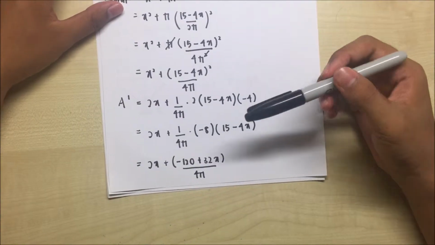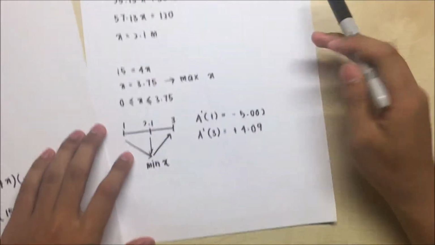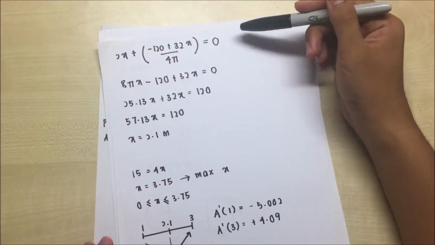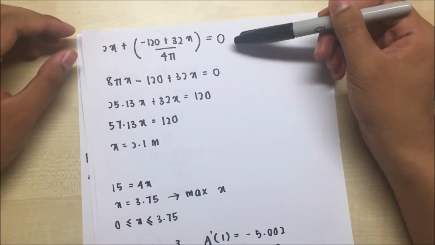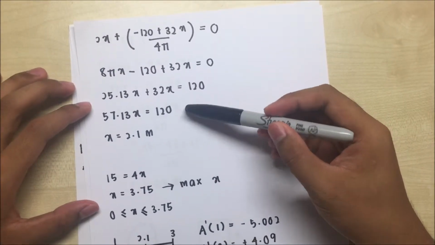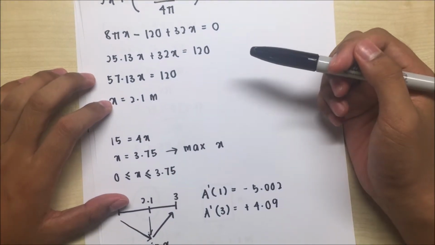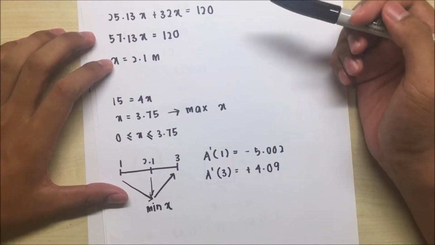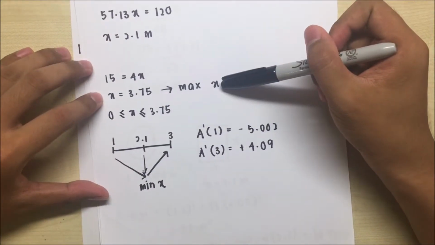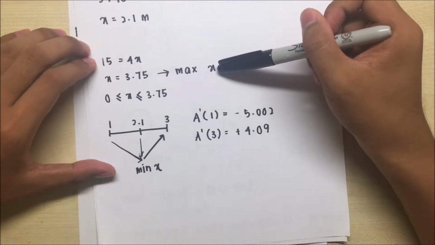Okay, after we get the first derivative equation, we equate it to 0 in order to get the critical point. So from this equation, we solve for x, and we will get x is equal to 2.1 meter.